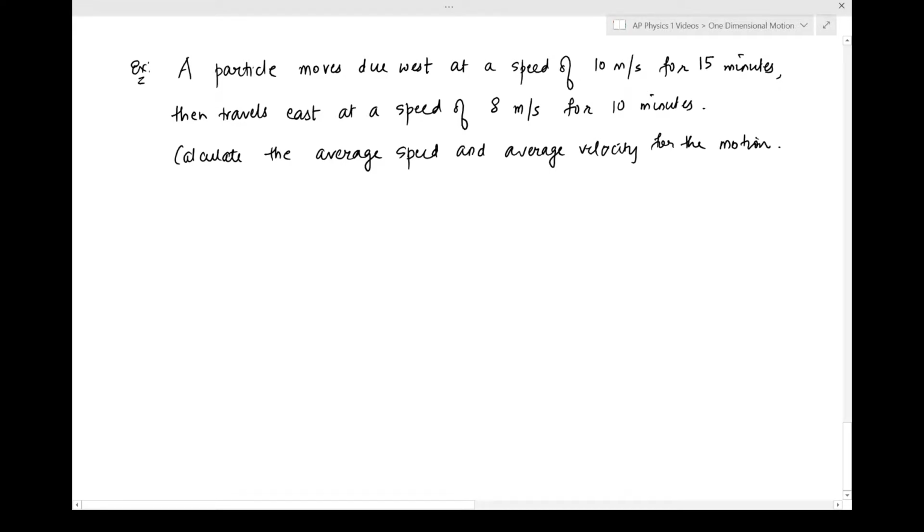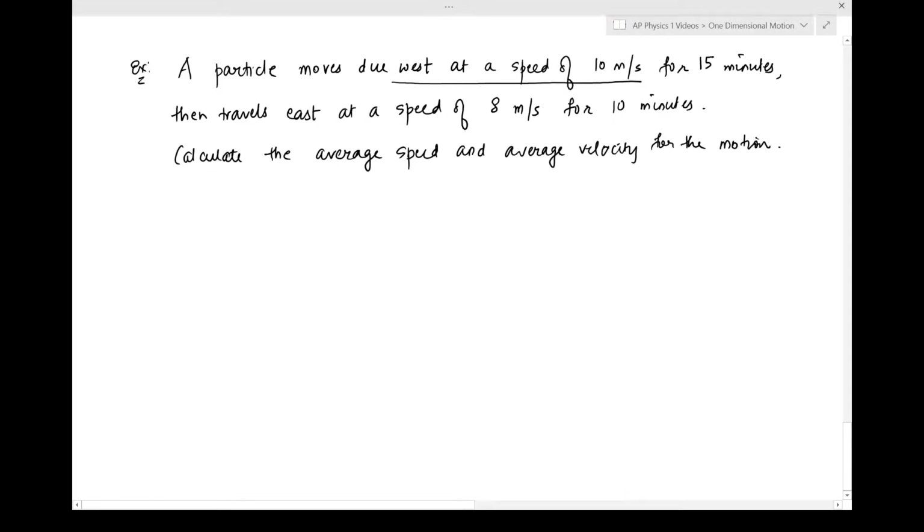Okay. So once again, what we'll do is draw our information out and then use that to figure out the individual parts. Because once we have the individual distances, then the problem is pretty simple to complete. So first it says that the object traveled due west at a speed of 10 meters per second, and it does this for 15 minutes.